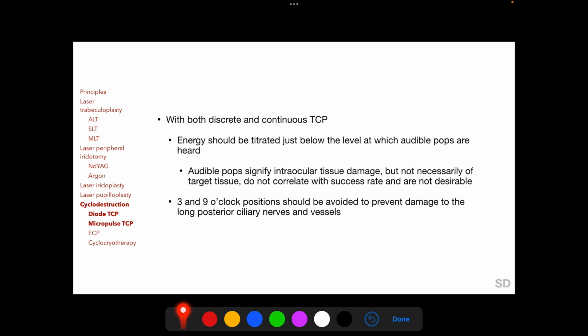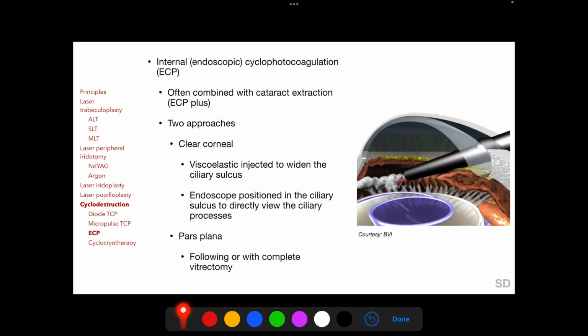With both the discrete and the continuous TCP methods, energy should be titrated just below the level at which audible pops are heard, and the 3 and 9 o'clock positions should be avoided to prevent damage to the long posterior ciliary nerves and vessels.